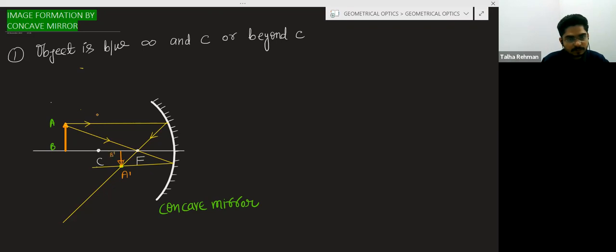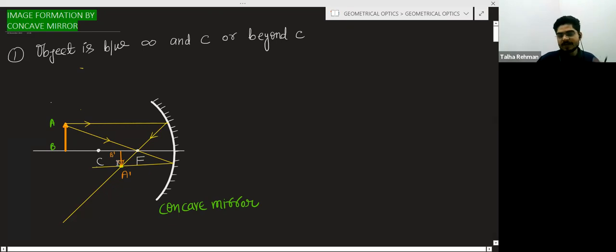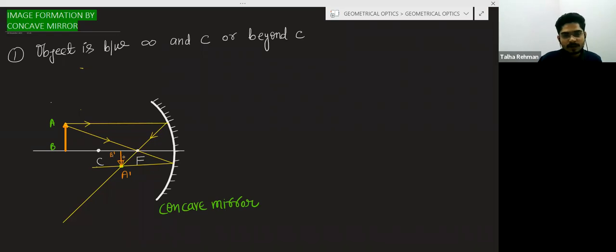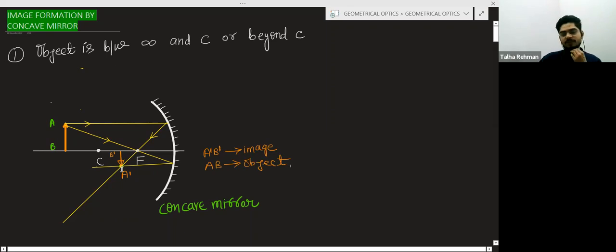So this is the image formed. Now you can see here the rays are actually meeting, so this image will be real. A dash B dash is the image, and AB is the object.